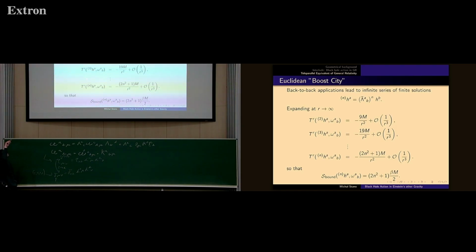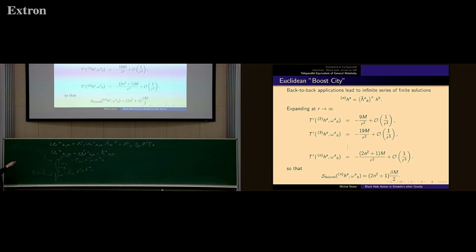And then we expect the radial components of the torsion vector for each of the applications of the Euclidean rotation. And it turns out that in this way, we obtain a recurrent formula for the torsion vector.